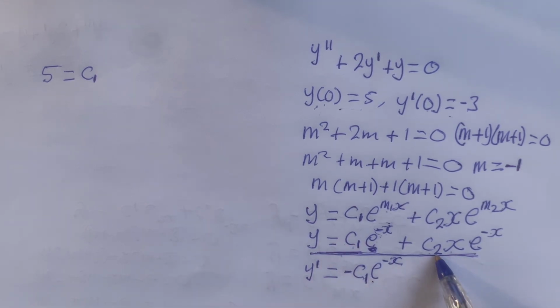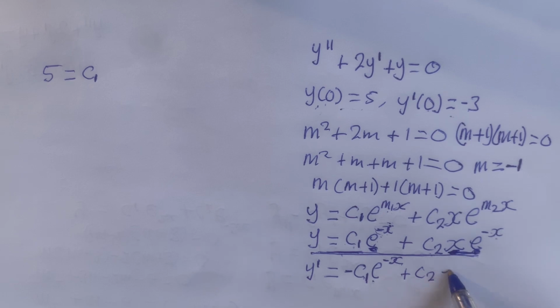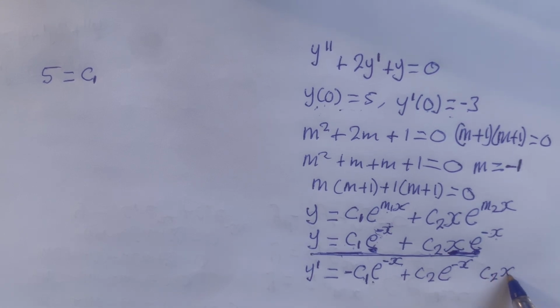Now we have c2 x times e power negative x. We treat this as a product because we have a linear term x and then the exponential e power negative x. So we differentiate x with respect to x, we get 1. We multiply it by c2 to get c2, then multiply it by e power negative x. Then we put c2 times x down and differentiate e power negative x.